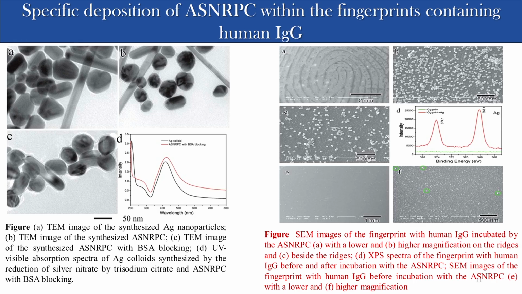You see this is an electron microscope, this is UV visible spectroscopy, this is, I think, a scanning electron microscope, this is a tunneling electron microscope, scanning electron microscope, UV visible spectrum, XPS, photoelectron spectroscopy.